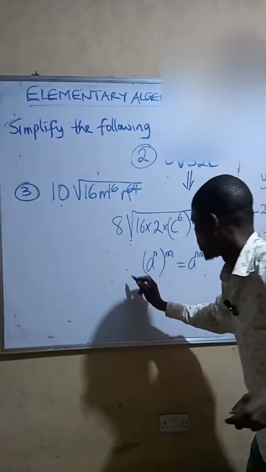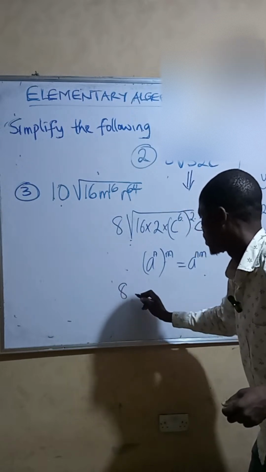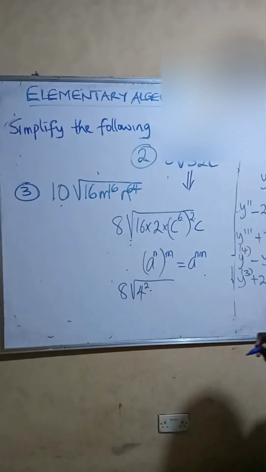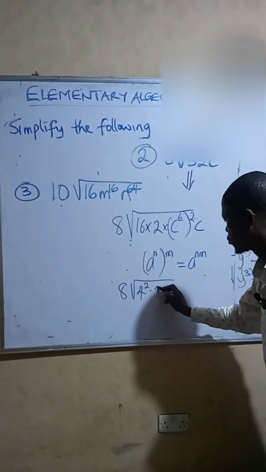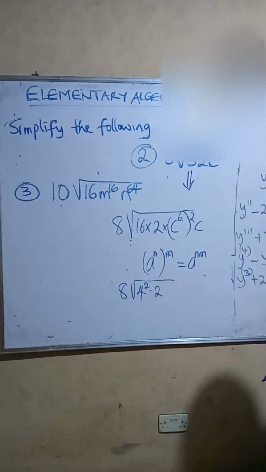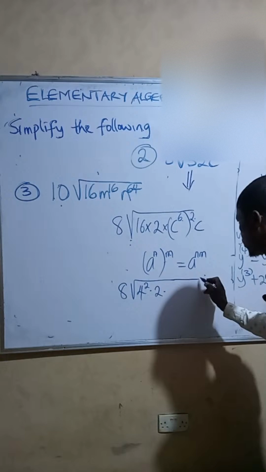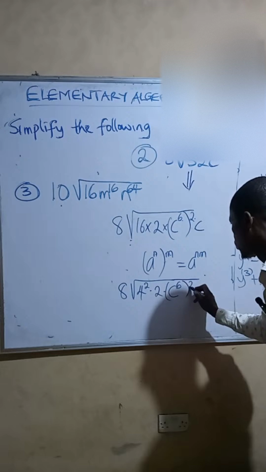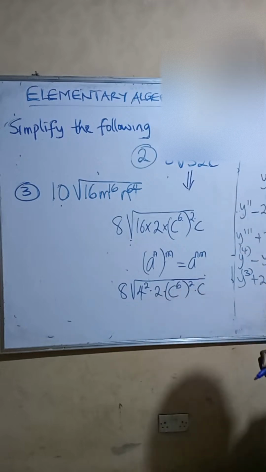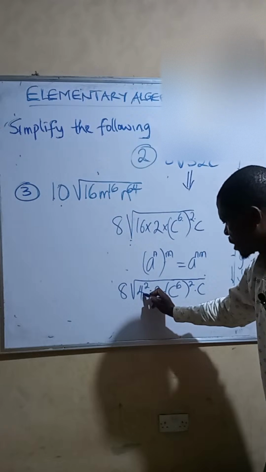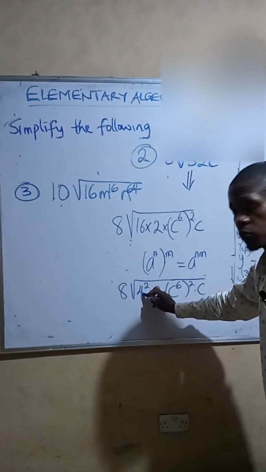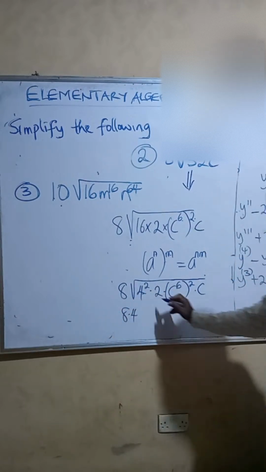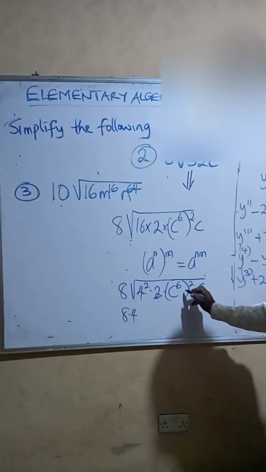So then we now have 8 times the square root of 16, which is 4 to the power 2, times 2, then times C to the power 6 times 2, and then times the other one. Don't forget the square root of 4 to the power 2 will be 4. This one, there is no direct answer for.